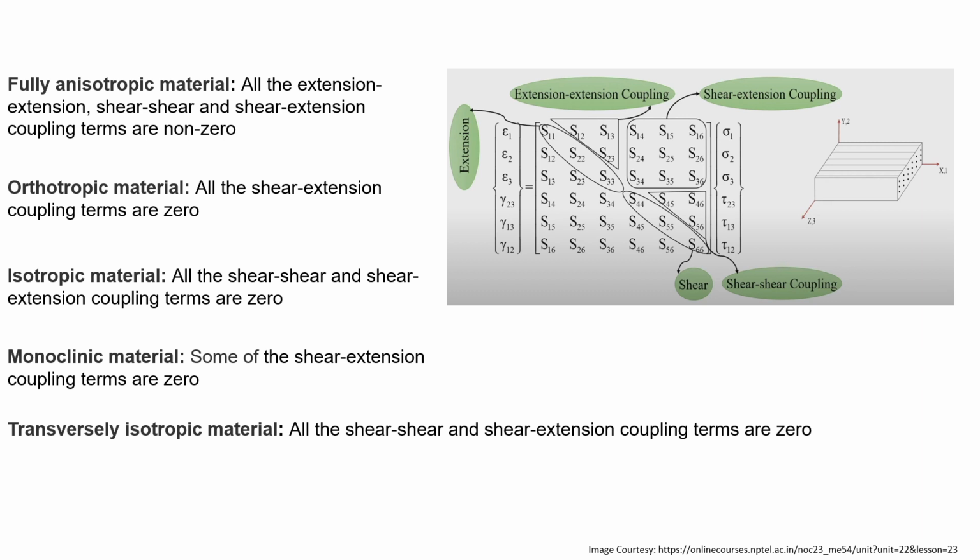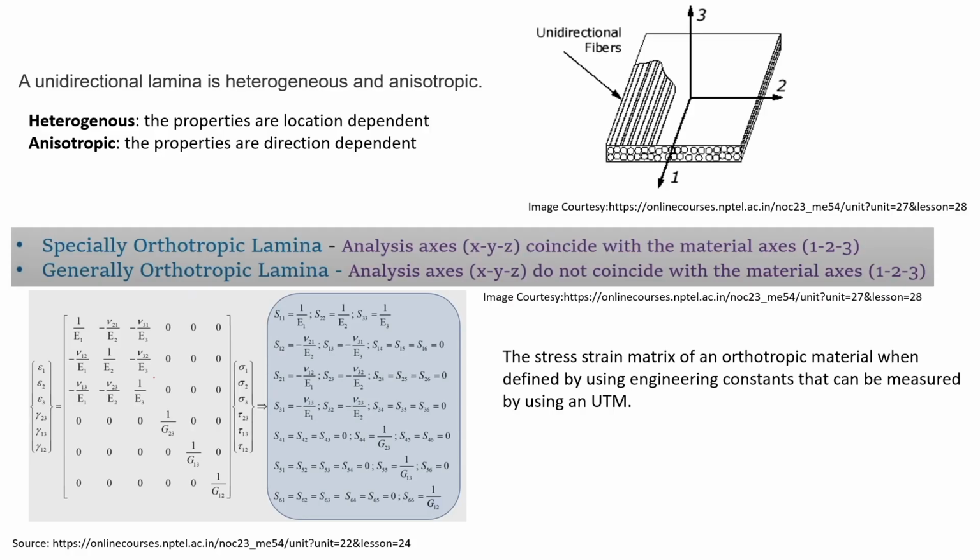For orthotropic material, all the shear extension coupling terms are zero. Isotropic material, all the shear and shear extension coupling terms are zero. Monoclinic material, some of the shear extension coupling terms are zero. And for transversely isotropic material, all the shear and shear extension coupling terms are zero. So, according to which material they have asked, you have to remember which terms will be zero for the stress strain matrix, or the compliance matrix and stiffness matrix.